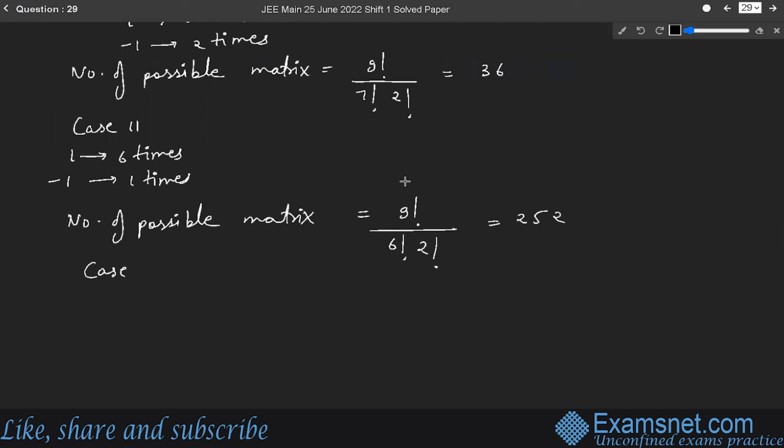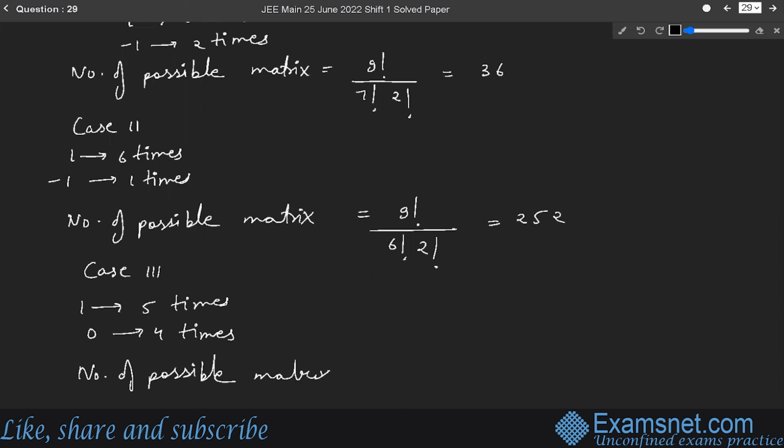Now, the last case, which is case three, is when 1 occurs 5 times and 0 occurs 4 times. So in this case, the number of possible matrices will be equal to 9 factorial divided by 5 factorial into 4 factorial. So this will be equal to 126.